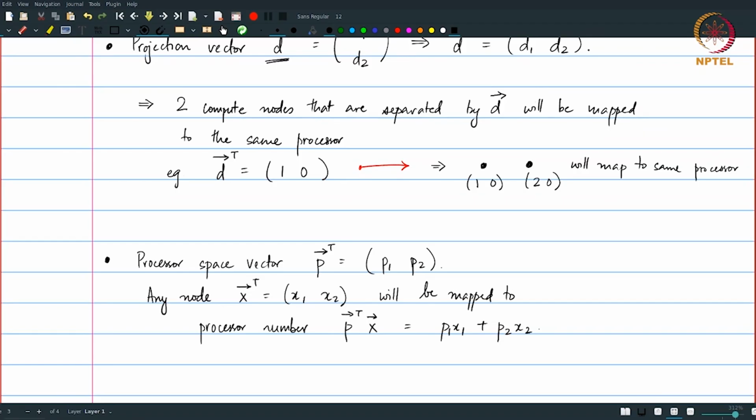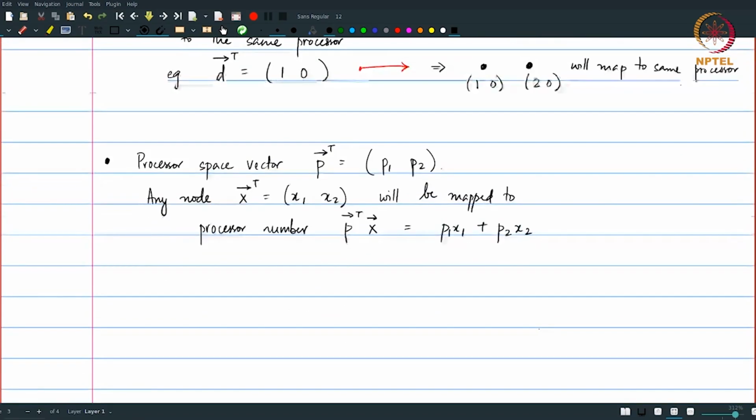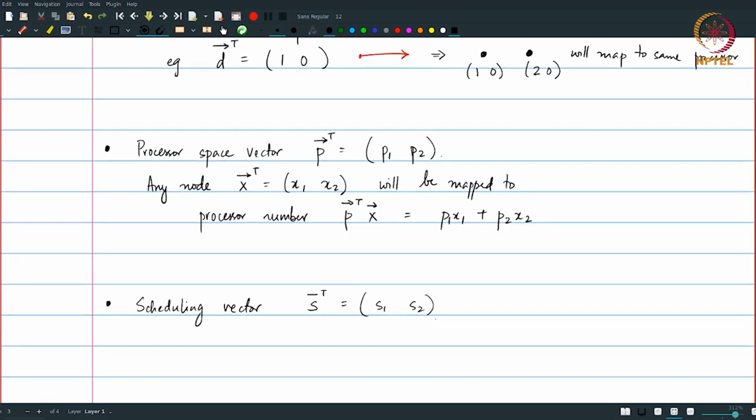Okay. Now, I'll just go ahead and define the next two terms as well before getting on to certain properties of these vectors that we have. The next term of interest to us is something called the scheduling vector S, which is given once again by two components, S1, S2.